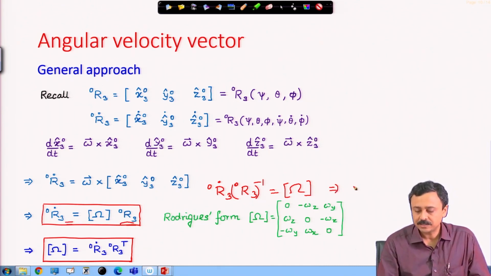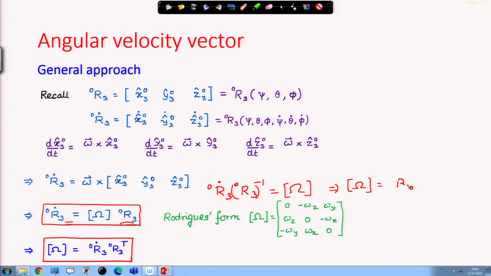This implies omega is equal to R from 3 to 0 dot times the inverse of the rotation matrix, which is nothing but its transpose. And from here, from the Rodrigues form, I can read out the individual components of the angular velocity. This is a very general approach. You can do this for Euler angles, representing angular velocity in terms of the Euler angles, for example.